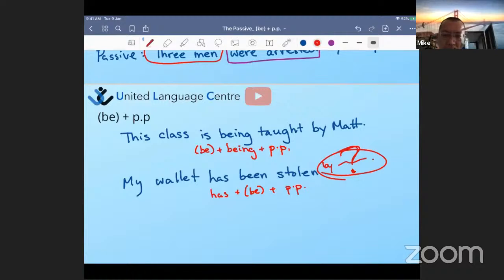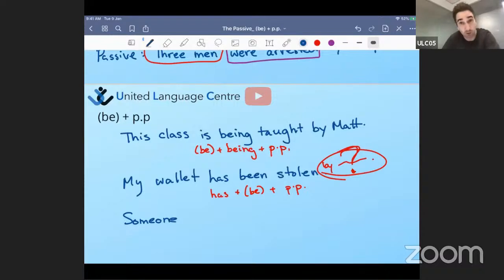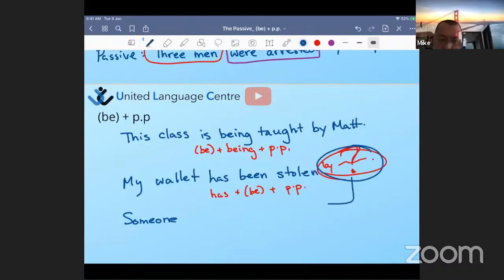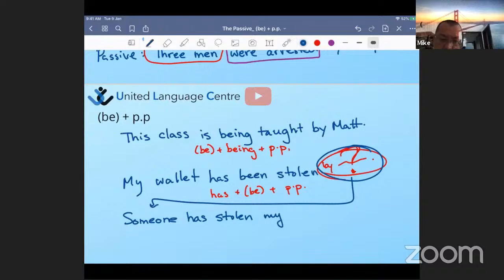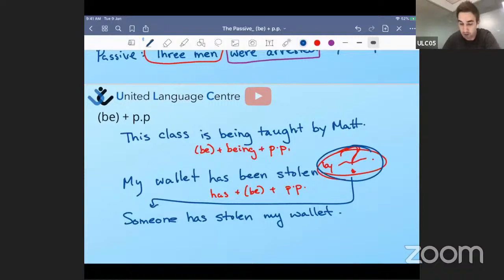Someone has stolen my wallet. So somebody has stolen my wallet. So here we're just looking at present perfect.